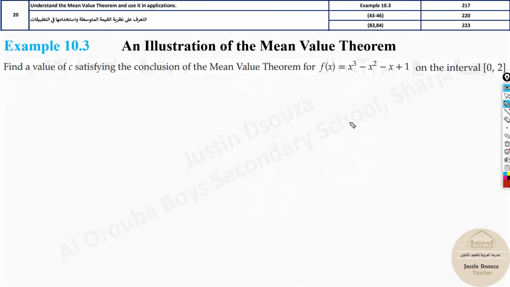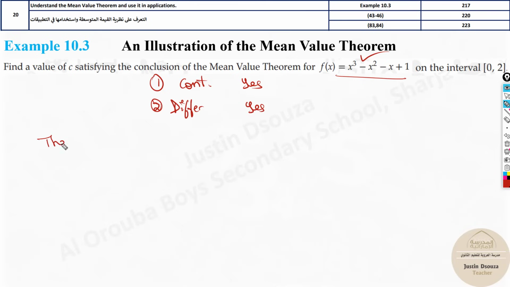The first condition is whether it is continuous. First one, continuity, continuous. Second one, differentiability, differentiable. Let's check. This is a polynomial function, so yes, it is continuous, and yes, it is differentiable. You can write it as two statements.